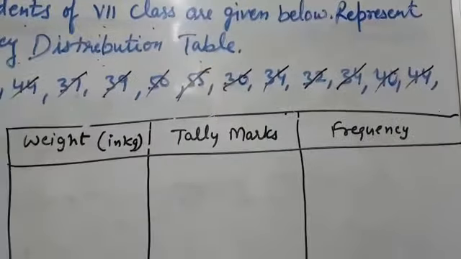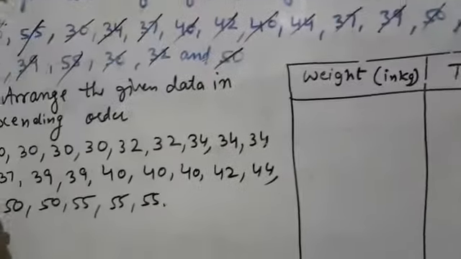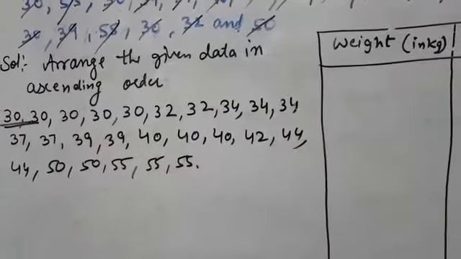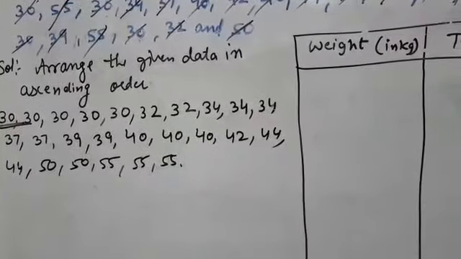Okay. So first of all, we will start with the smallest weight, which is 30. So we will write the numbers in ascending order. We will write it only once. How many times will we write it? Only once.